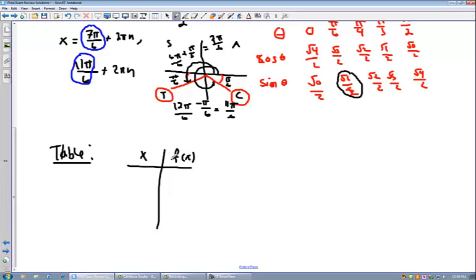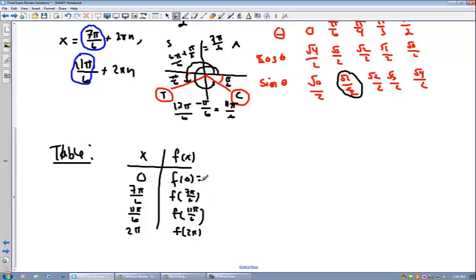I'm going to start at 0 and end at 2 pi, and I only care about those values, 7 pi over 6 and 11 pi over 6. I want to figure out what's f of 0, what's f of 7 pi over 6, what's f of 11 pi over 6, and finally what's f of 2 pi.